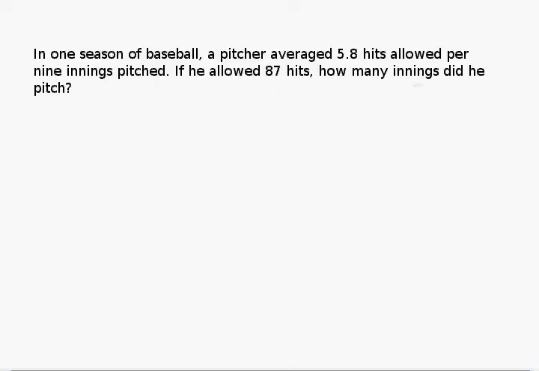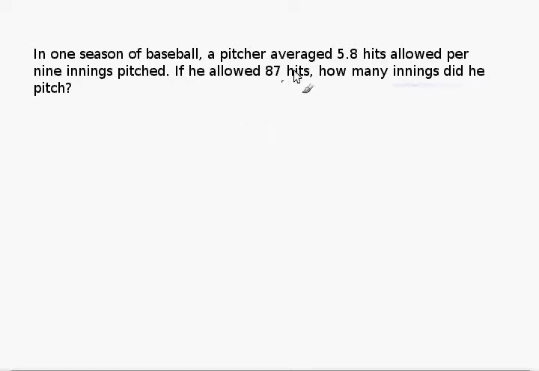Now I also want to take a look at some word problems. This is one of the baseball word problems that comes up in the textbook. In one season of baseball, a pitcher averaged 5.8 hits allowed per 9 innings pitched. If he allowed 87 hits, how many innings did he pitch? Well, let's think about what we've got here.